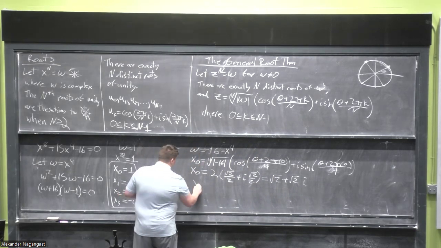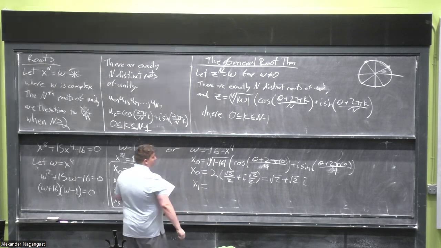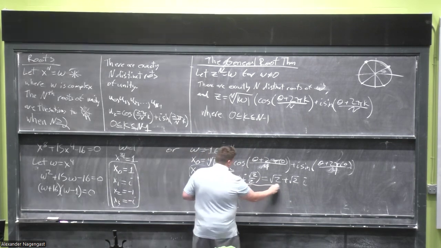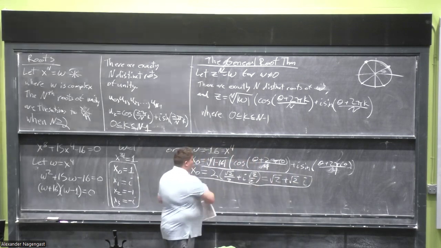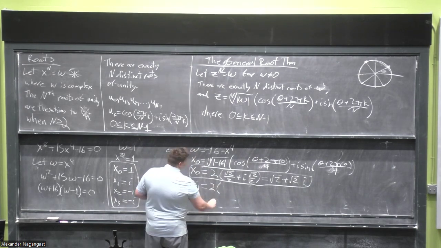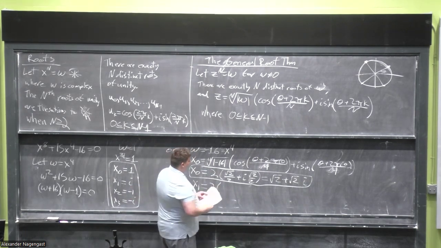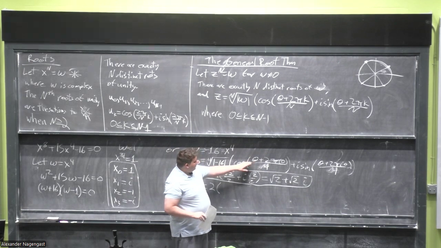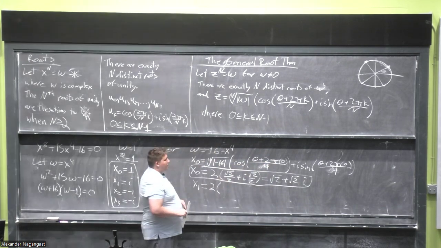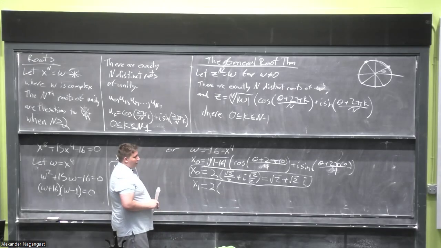And now x1, we plug that in, and we'll end up getting the same 2 times, and now we'll have pi plus 2 pi, which is 3 pi over 4.